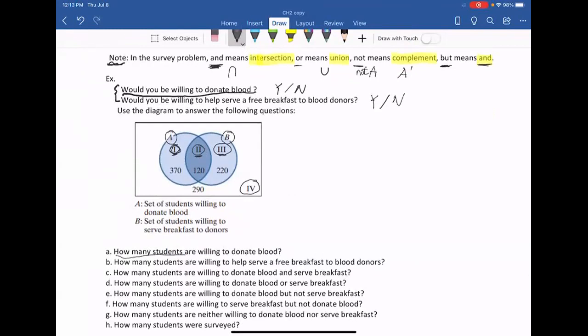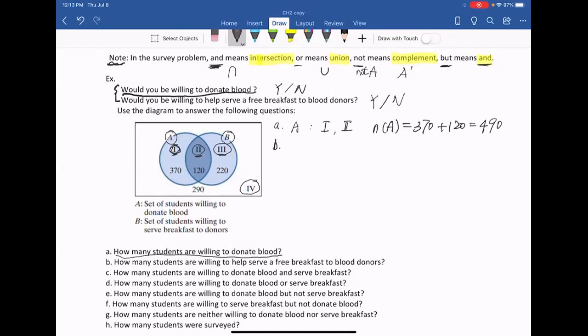How many students are willing to donate blood? That means A. So find the region of A, that is region 1 and region 2. The number of A is 370 plus 120, which is 490.